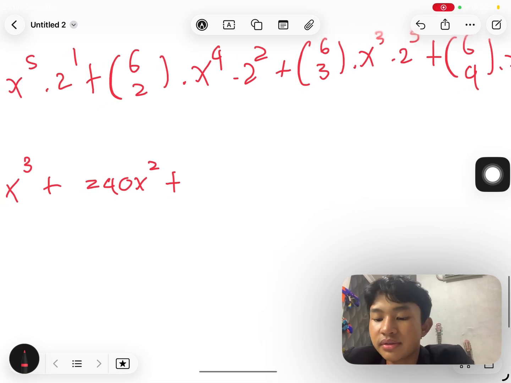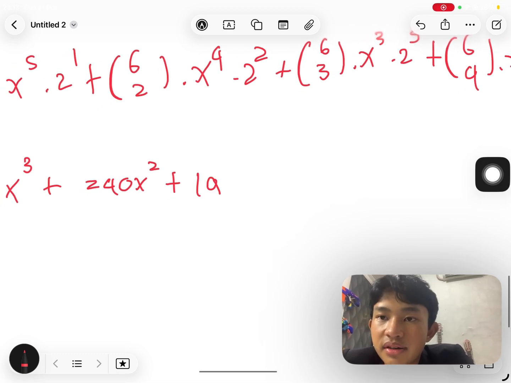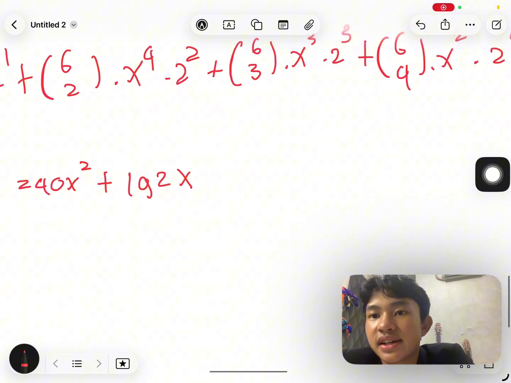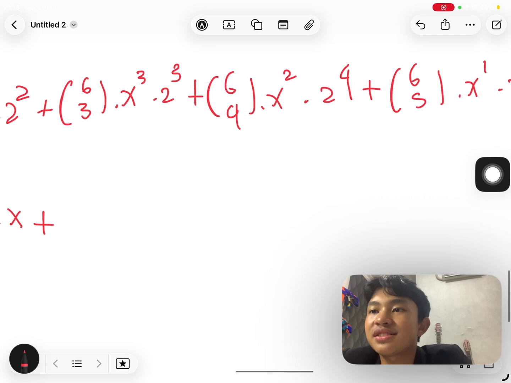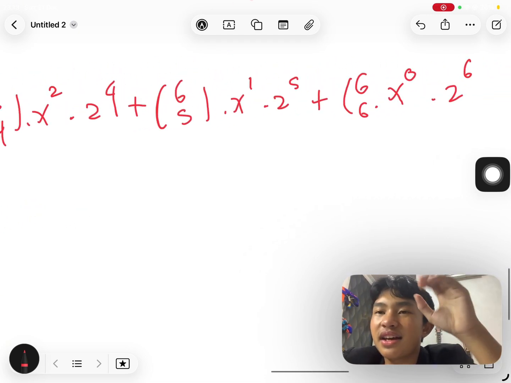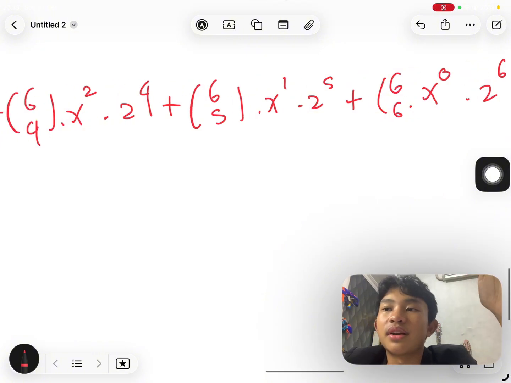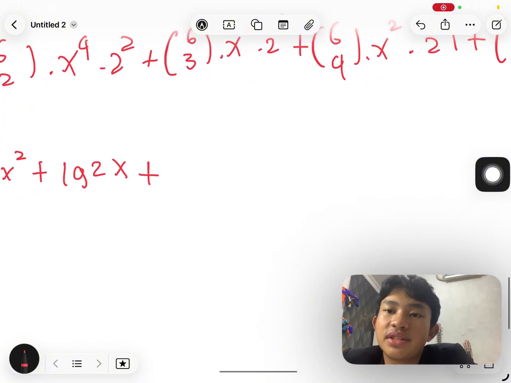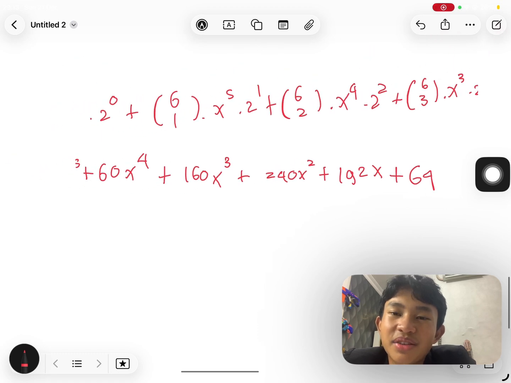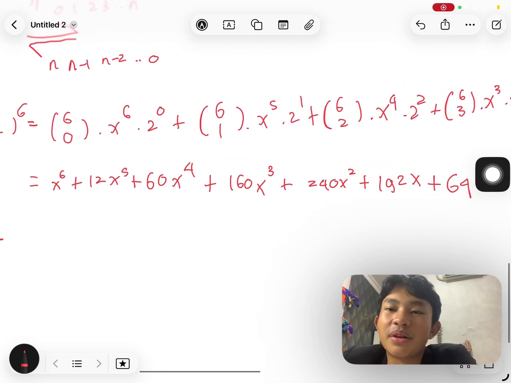So 32 times 6 is 192 times x to the power of 1, or just x. And then on the final term we have 6 choose 6, which is just 1, and then times x to the power of 0, which is also 1, and then 2 to the power of 6, which is just 64. So this is the fully expanded version of (x + 2) to the power of 6.